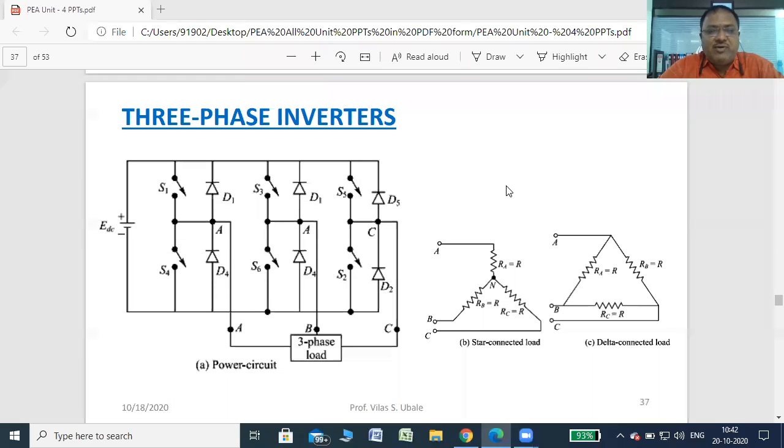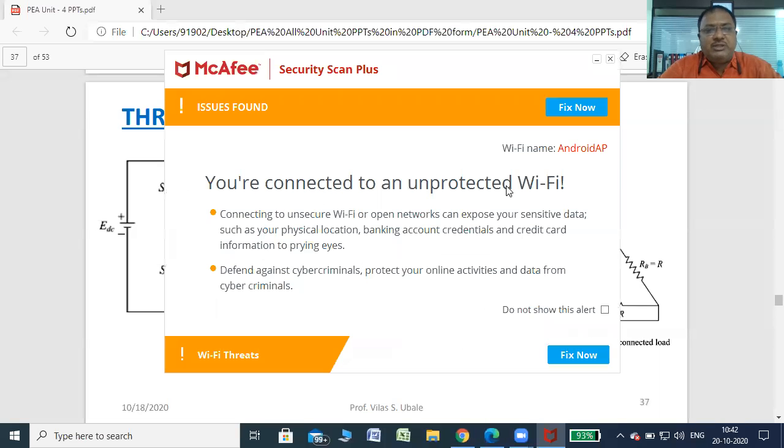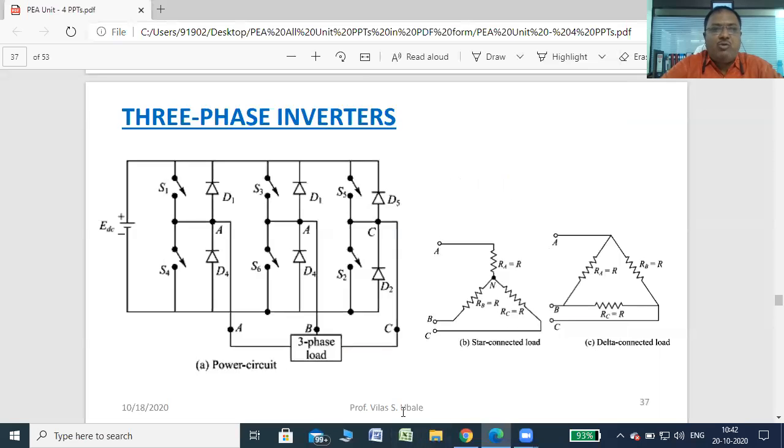So these are some disadvantages of single phase inverters, most importantly for high power applications and for a pure sine wave. Even in a three-phase inverter we are not getting a pure sine wave, but very close to it, or after some modification in the output waveform we can have a sine wave or close to a sine wave.